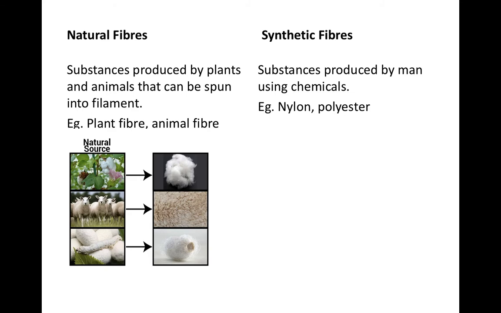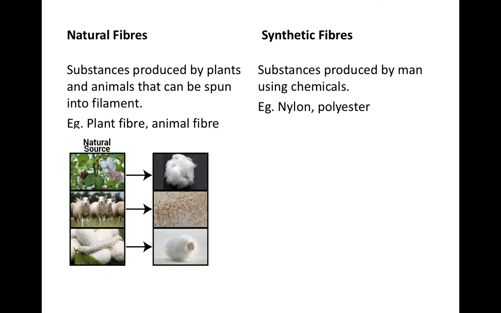These natural fibers can be further divided into plant fiber and animal fiber. Under plant fibers, you have cotton, jute, flax, etc. But in this chapter, we'll be studying how exactly we extract the fibers from the cotton plant and jute plant.